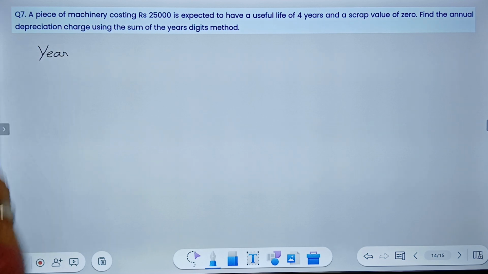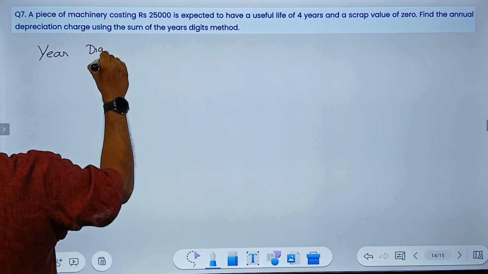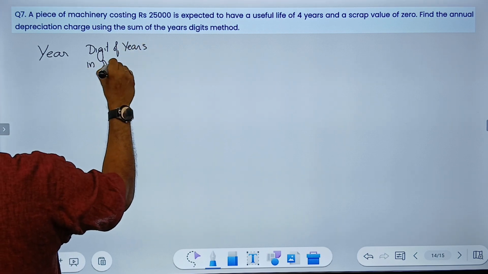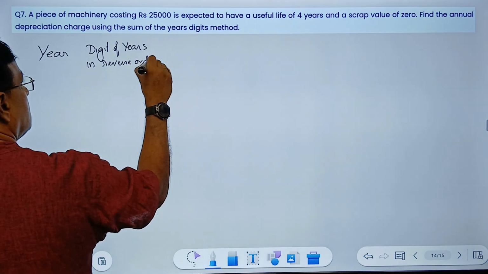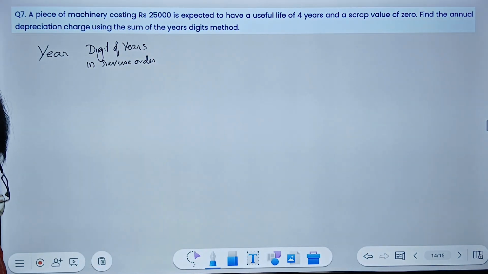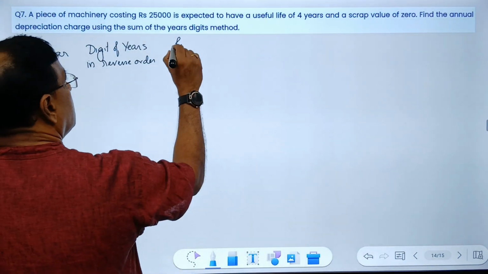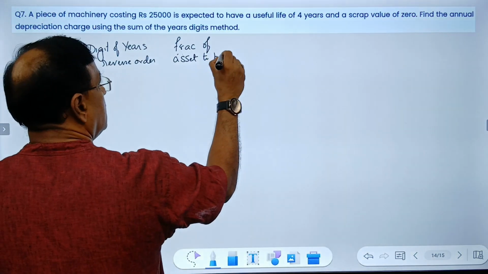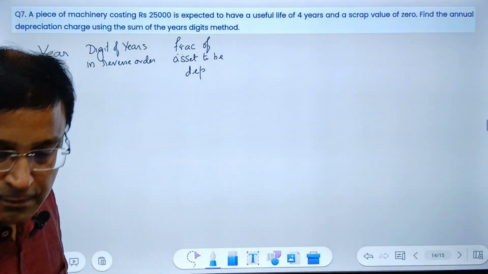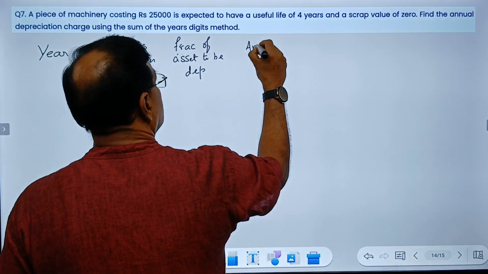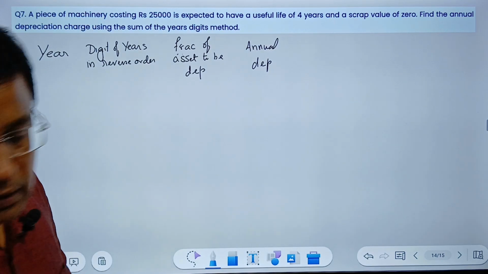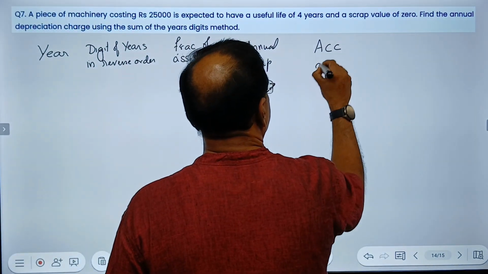You write years, and then you followed by digit of years in the reverse order, and then you write fraction of asset to be depreciated. Then you find the annual depreciation, and finally the book value. Okay, accumulated depreciation, otherwise called the book value, accumulated depreciation.